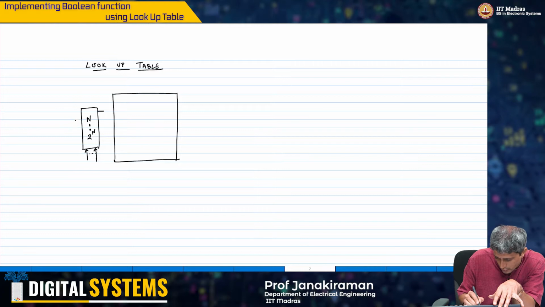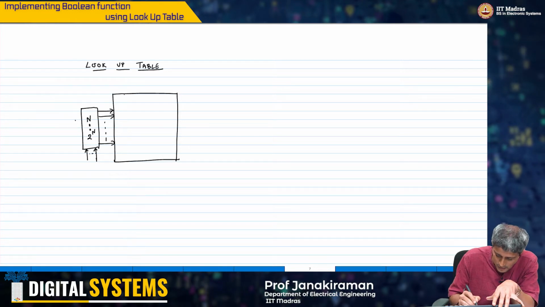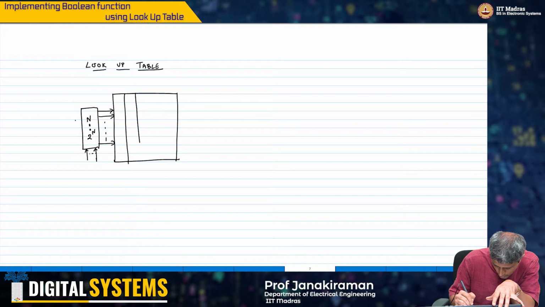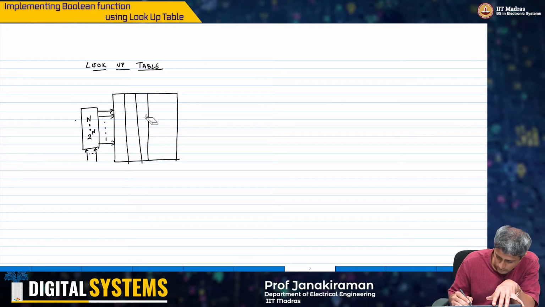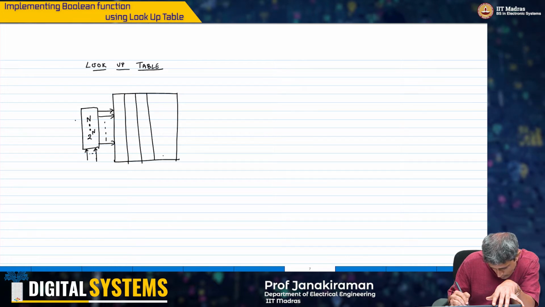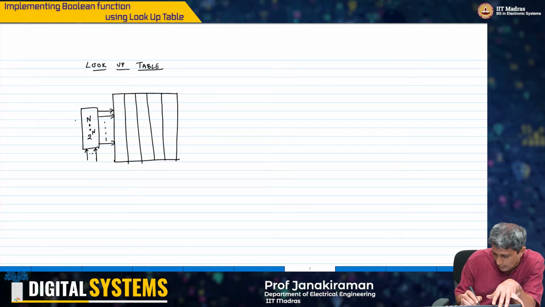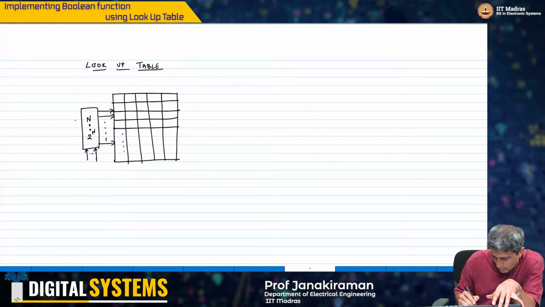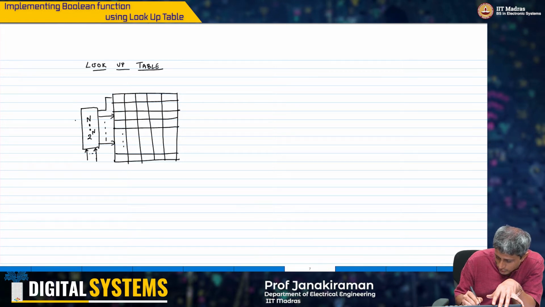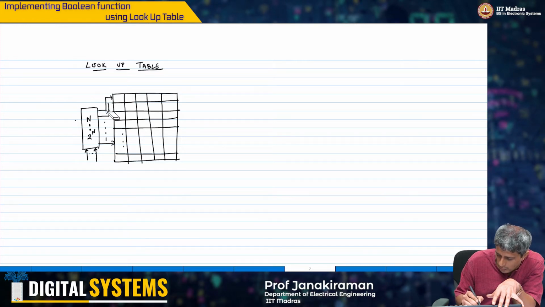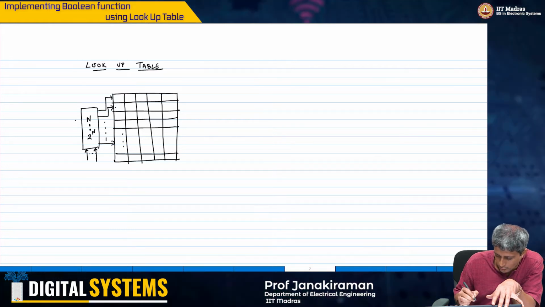This is my n inputs, 2 power n outputs, my address lines, and depending on which one is selected, for example row 0 will go here, row 1 will go here, and so on like this.